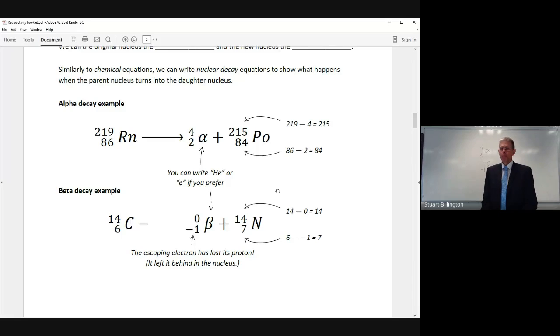The electron did have a proton when it was inside the nucleus, when it got created, but then the proton got locked inside the nucleus and the electron left. So the electron did leave it behind in the nucleus. So you could say lost 1 proton. Bit of a stretch.